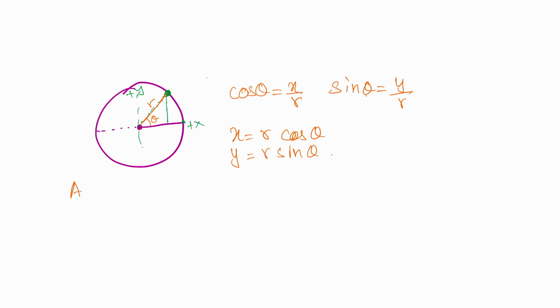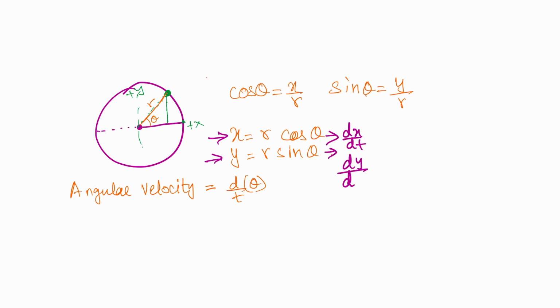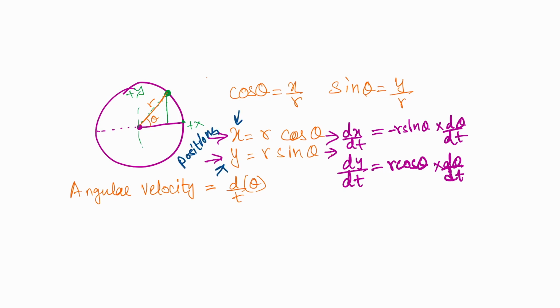Remember that angular velocity is the rate of change of the angle theta, which is this specific angle. So if we take these two equations and differentiate them, these equations become dx by dt and dy by dt, with r cos theta into d theta by dt. Now here you have to keep in mind one important thing. These two were positions and these two are velocities.